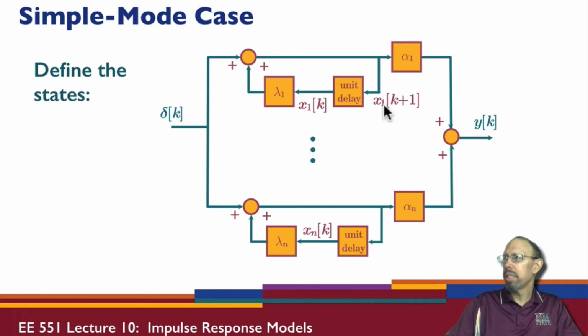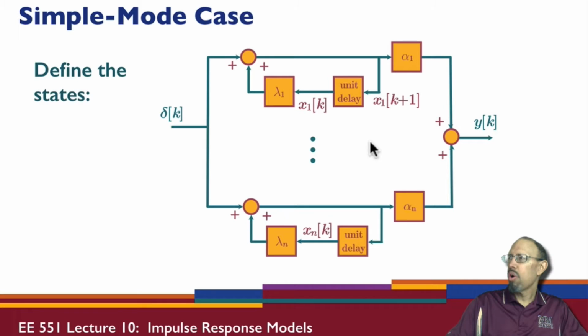We know exactly what it will be because it's based on how this loop works. Okay, and basically I have the same thing for each of these states, and so I can write down the state equation associated with each of these states. x1 of k plus 1 is equal to, so that's the signal, it's equal to the input plus lambda 1 times the state.